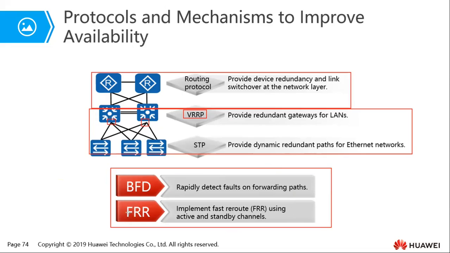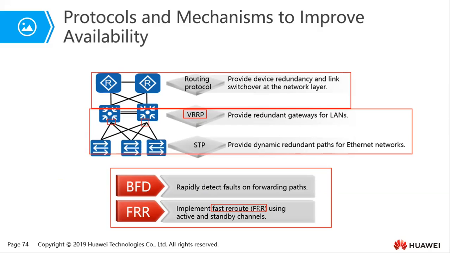There's also another technology that is called fast reroute. What fast reroute does is that it pre-calculates a backup route in order to protect the primary route. So if the primary route goes down, we can quickly switch to the standby link.